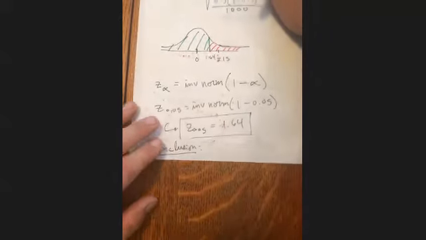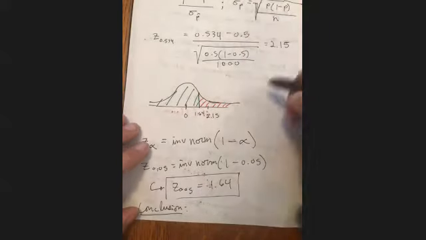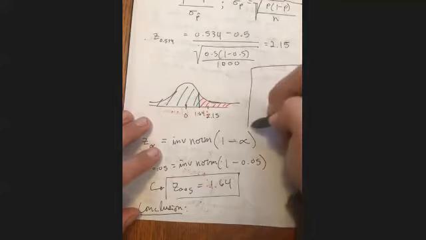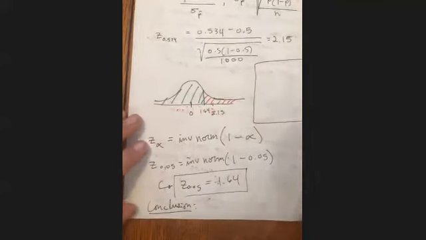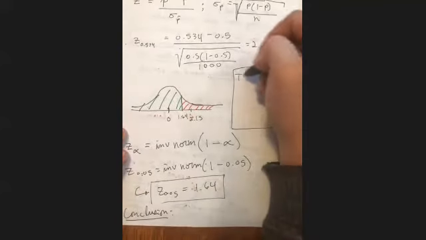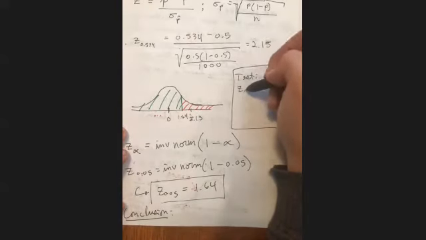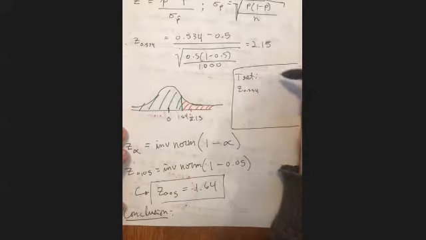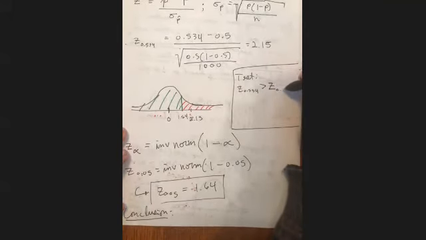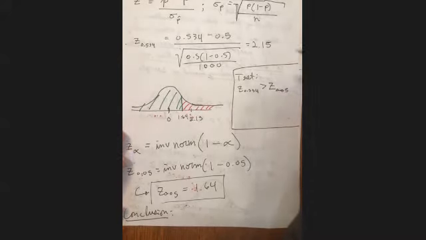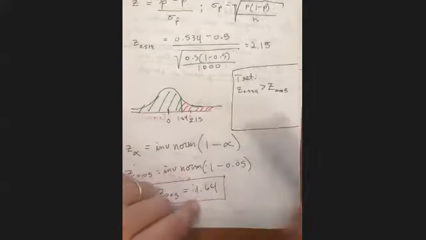Let me say this before we move on to the conclusion, just to make it clear. What was the result of the test? We got that Z of 0.534 was greater than Z alpha.